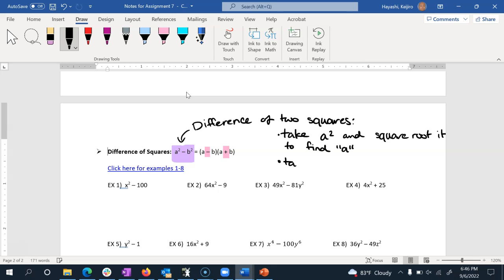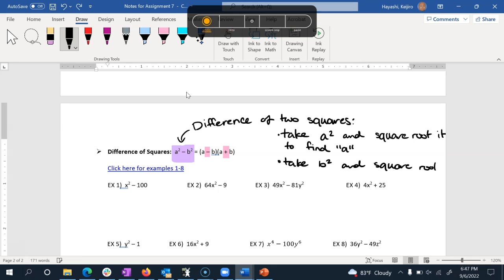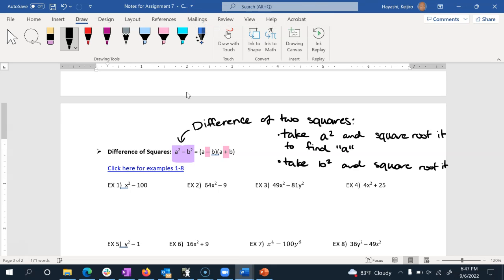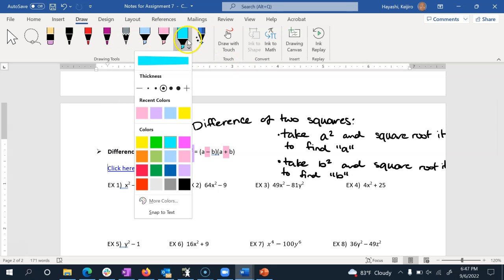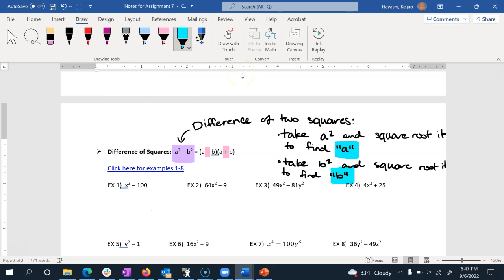Do the same with the b squared. And then just set up two factors, a minus b and a plus b.